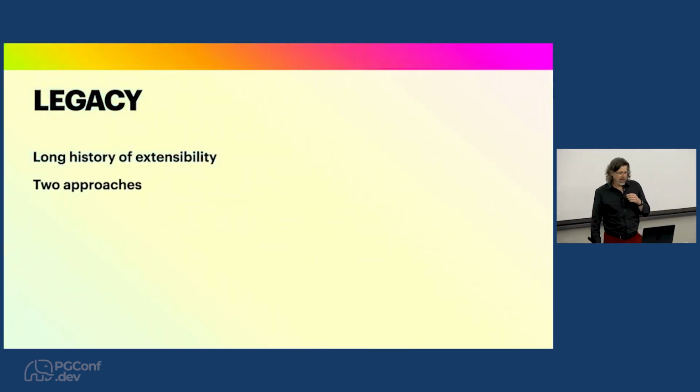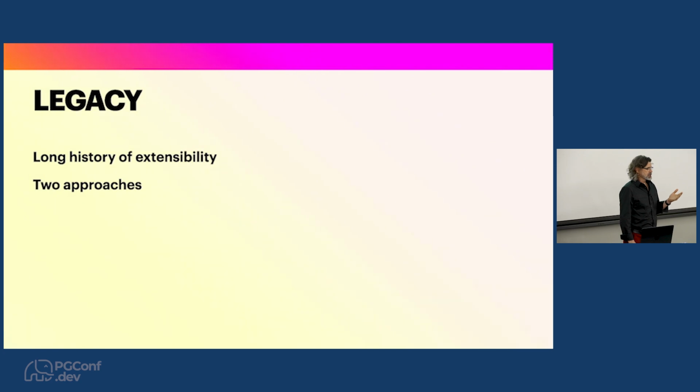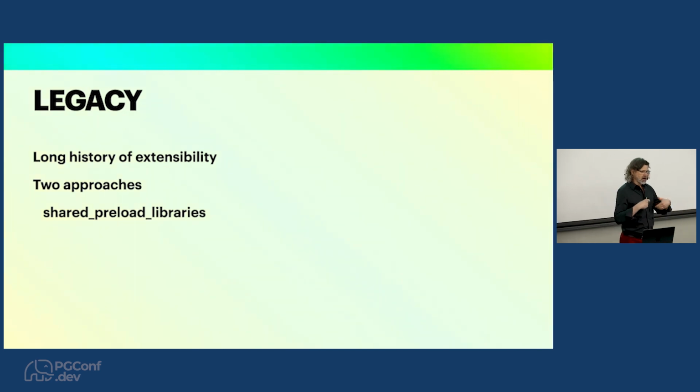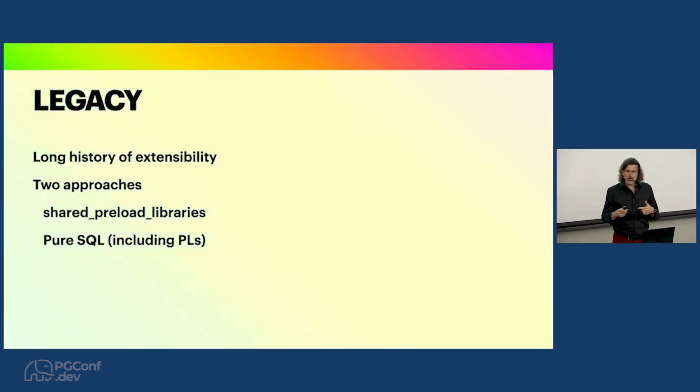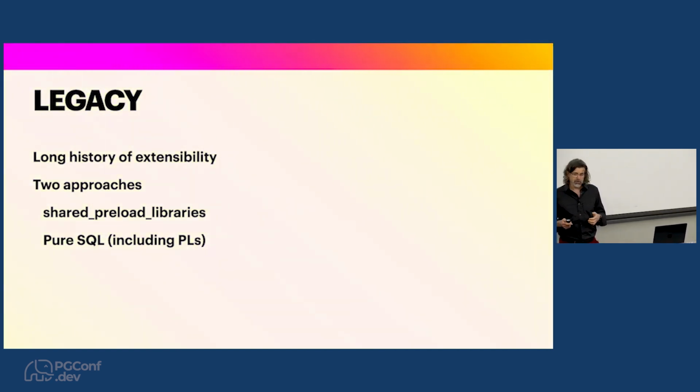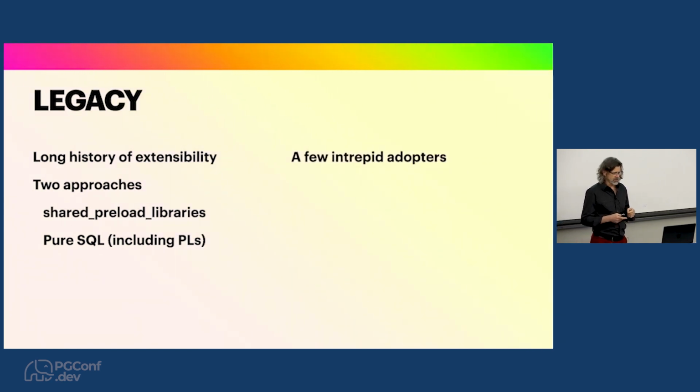So let's first talk briefly about the history of extensibility in Postgres, which is long, right? Initially, there were two approaches to doing extensions in Postgres without forking the product itself. One is to load dynamic modules into the shared preload libraries configuration to bring functionality into the database directly from a C library. Another was to use pure SQL, including procedural languages, to create stuff that you might need or want to do to extend the functionality.